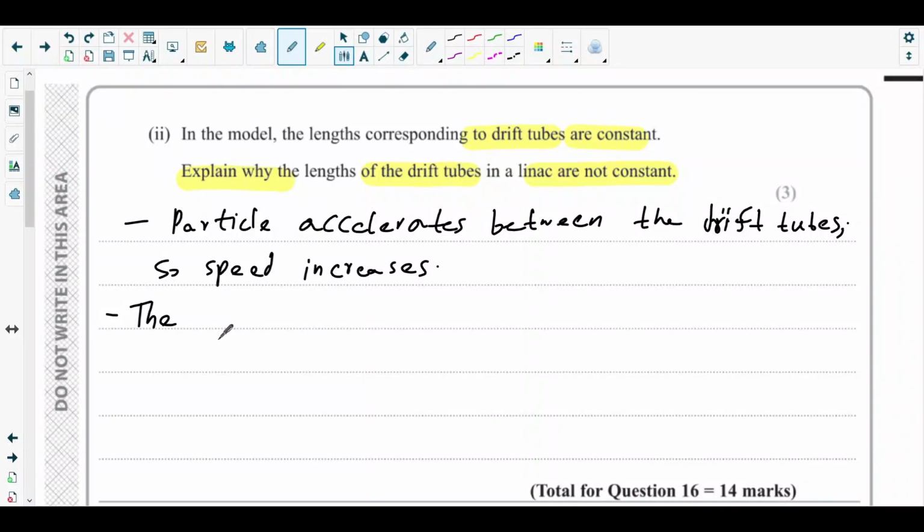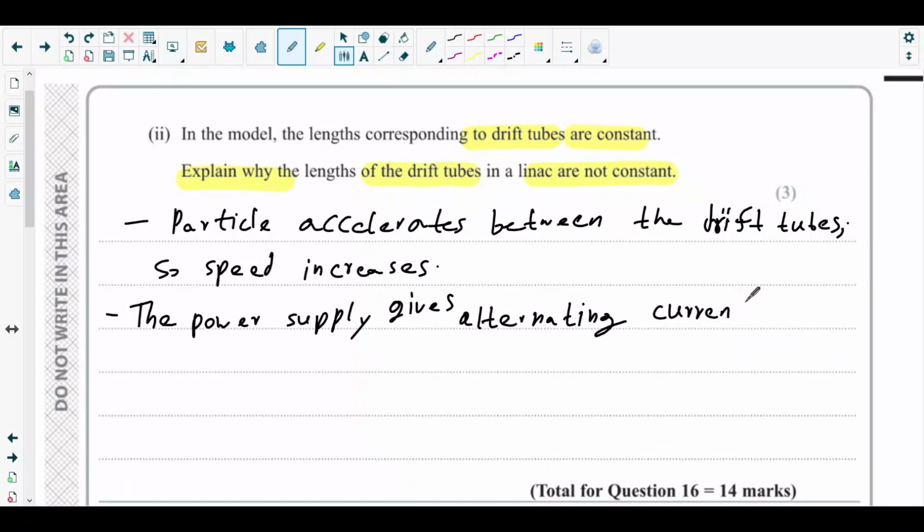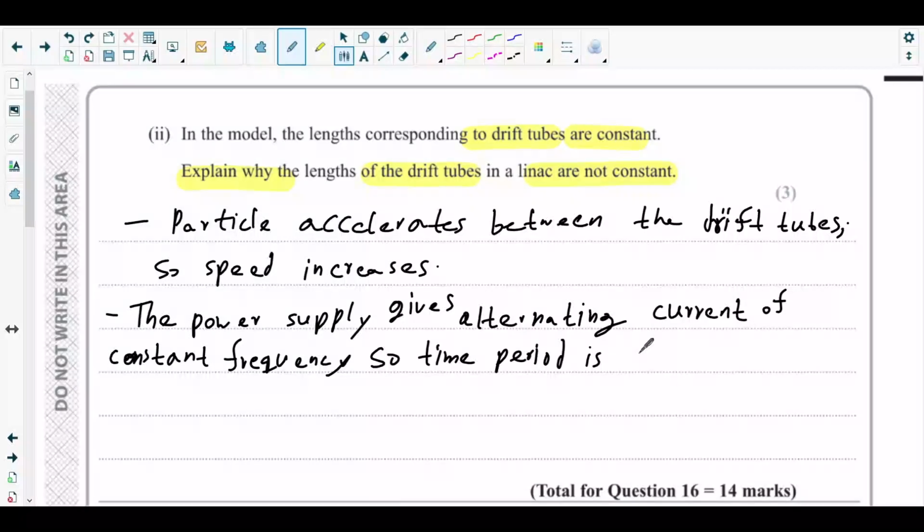The second point, the power supply gives alternating current of constant frequency, so the time period is constant.